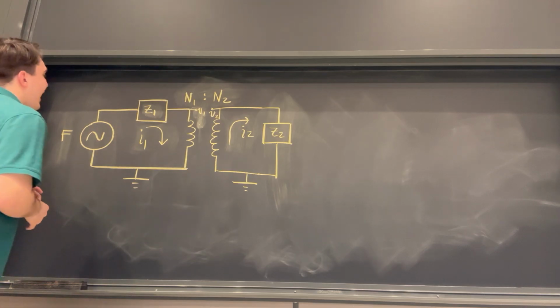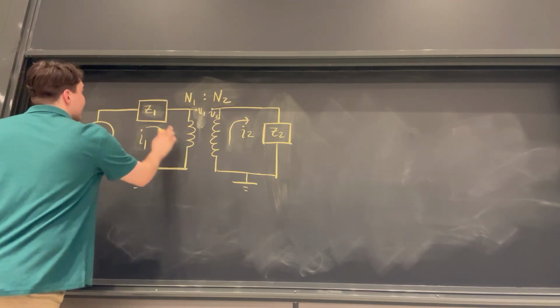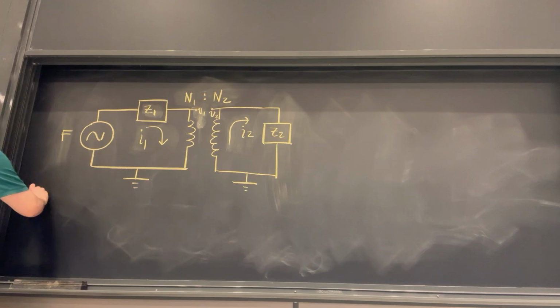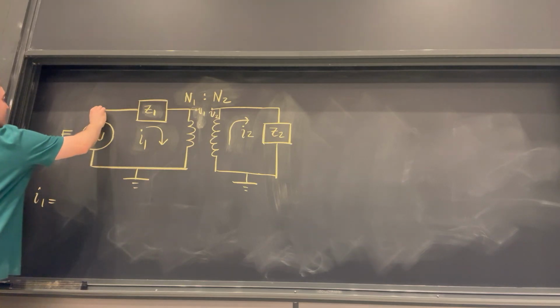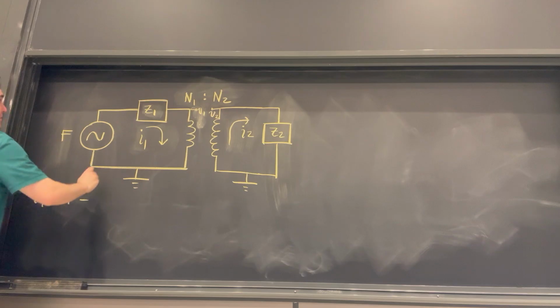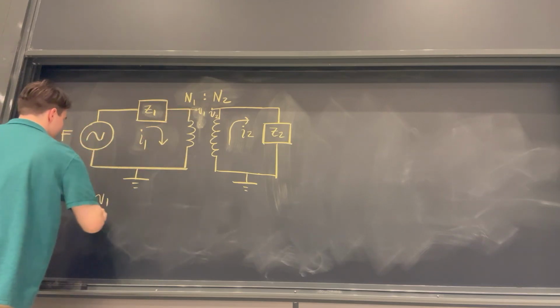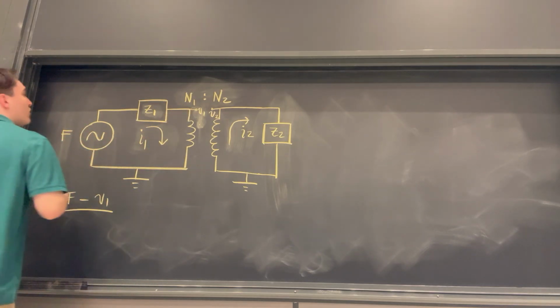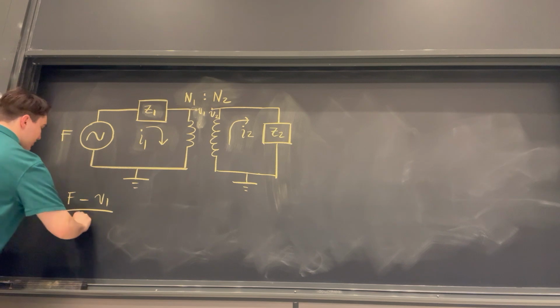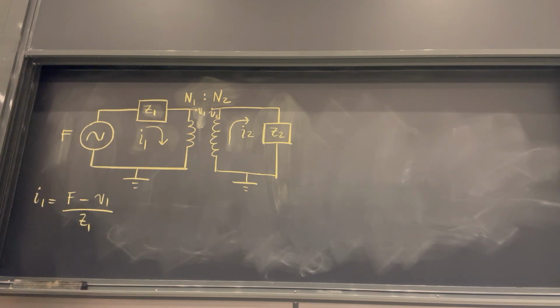So I know that the current in this branch of the circuit, let's say I1, is going to be the voltage here, which is F, minus the voltage here, which is V1, all over the impedance right there, which is complex number Z1. Again, we're all in the phasor domain.